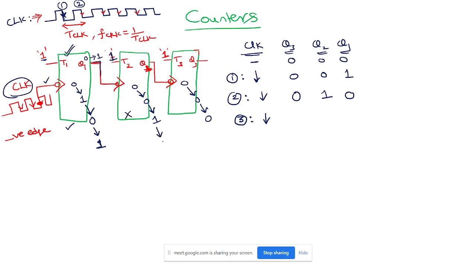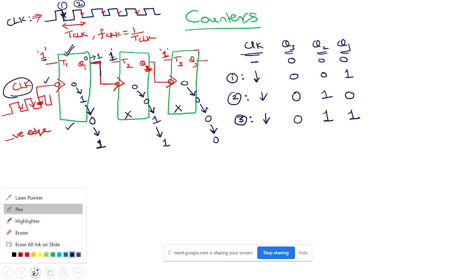So 1 will remain 1. 1 to 1 is not an edge at all, so this will not be activated and will remain 0. So your Q1 is 1, Q2 is 1, Q3 will be 0.